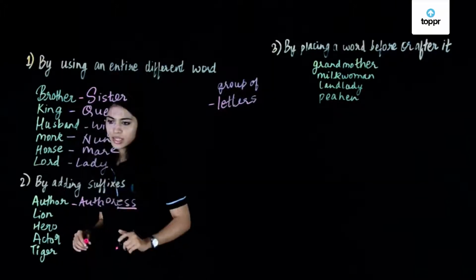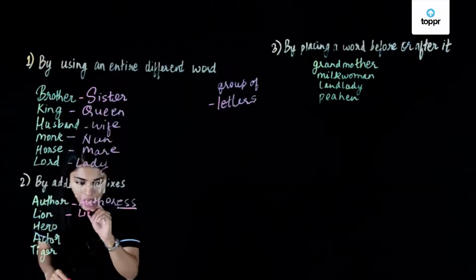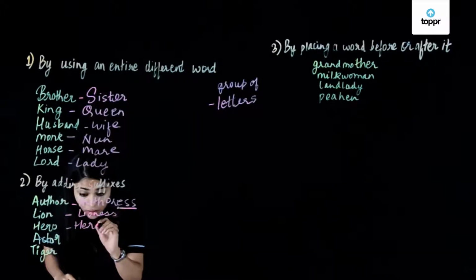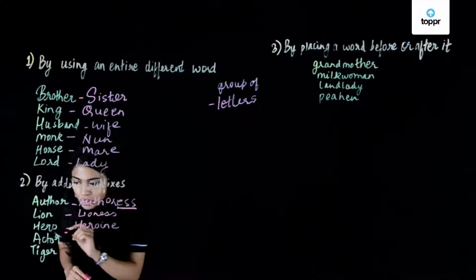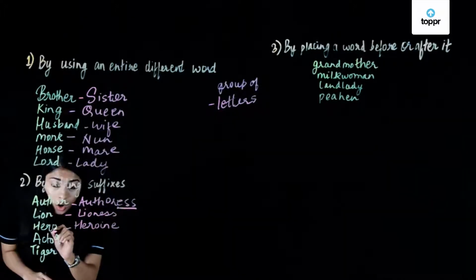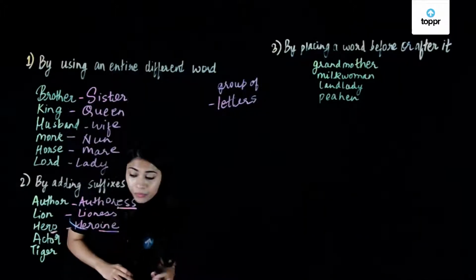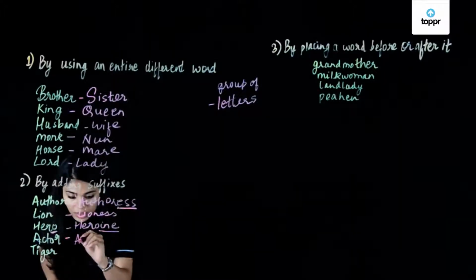And let's look at the next words. Lion becomes lioness. Hero becomes heroine. If you see, the word hero ends in an O and we add the suffix INE to form the feminine. Actor becomes actress.